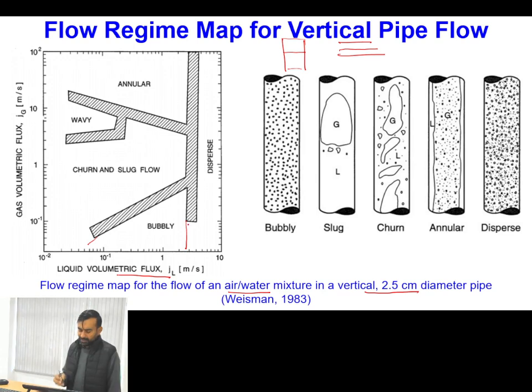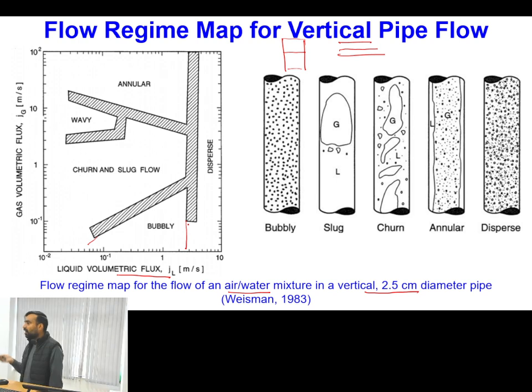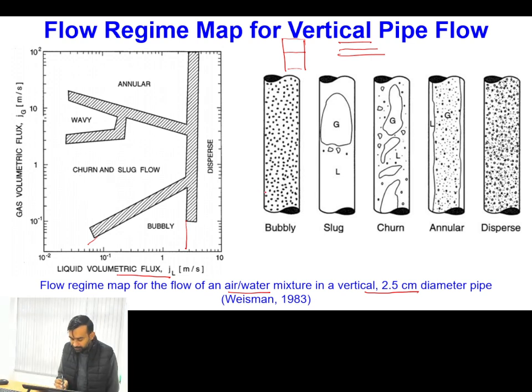So what will happen? Of course, the fluid which is present in more quantity will behave like a continuous phase. Here the liquid will behave like a continuous phase, and these small dots are nothing but bubbles.